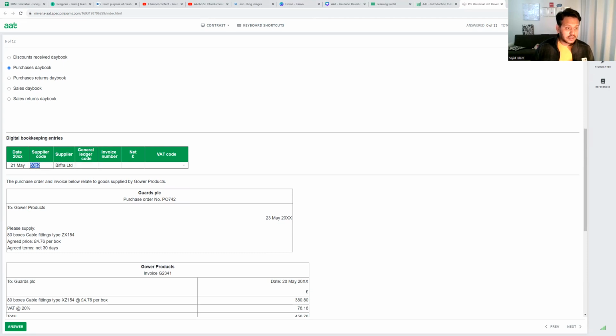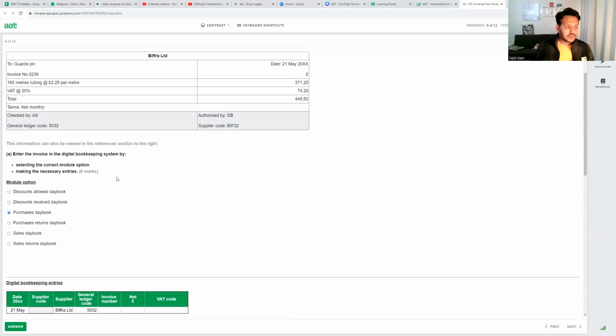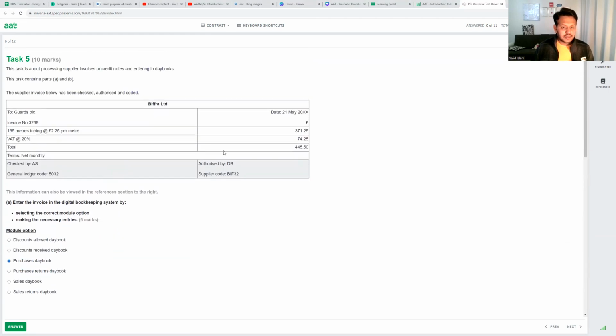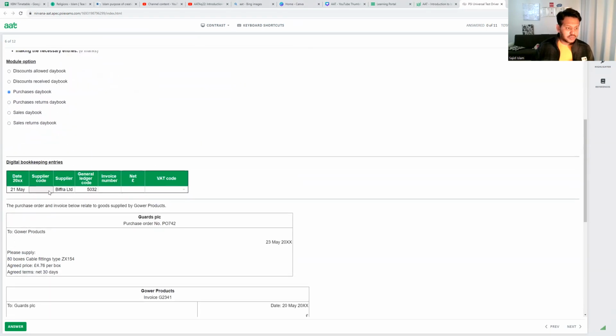5032. Then the supplier code we have here, let's have a look. What is the supplier code? BIF 32. So that's my supplier code. BIF 32. Let's make it bigger.